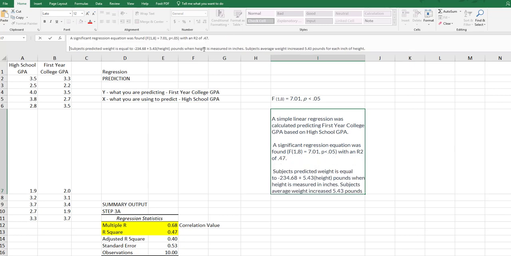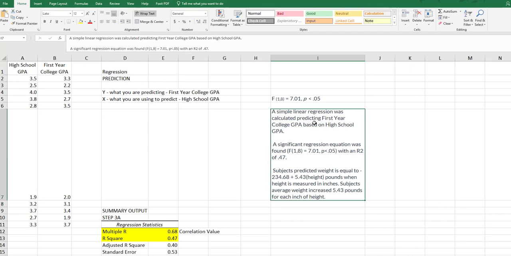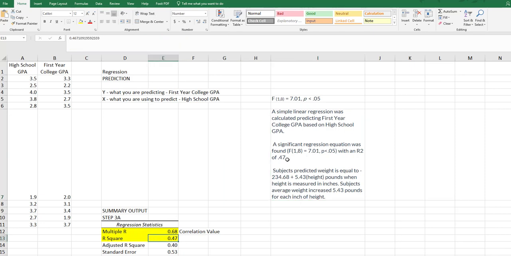Okay? So that's the second sentence. So far I've got a simple linear regression was calculated predicting first year college GPA based on high school GPA. I've said what my variables are and what I am predicting. The second sentence says if your regression equation was significant, and then your statistical shorthand plus your R squared, okay, which we got from here.